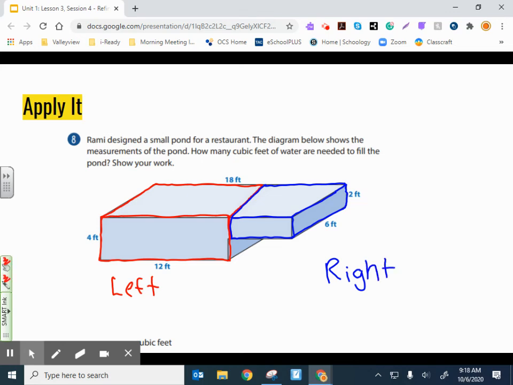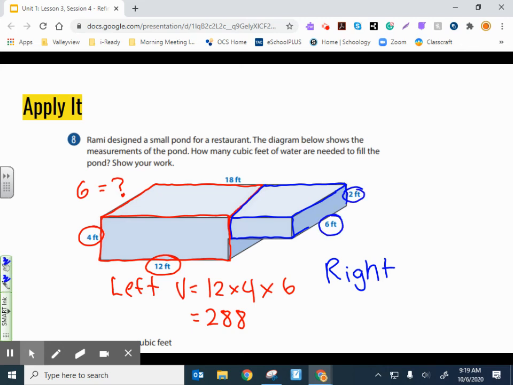Here's what we know. We know this is 12. We know this is 4. So we've got 12 times 4, but we don't know this right here unless we look all the way over here and notice that this whole thing is 6 feet wide. So that will actually be that one. Imagine that. 12 times 4 times 6 will equal 288. The right-hand side is going to use a 6 and a 2, so we know that right away.